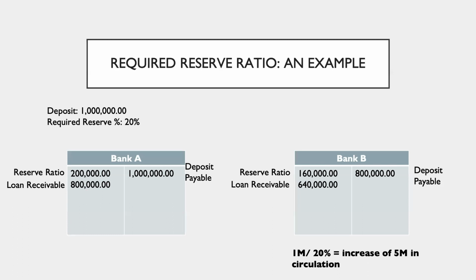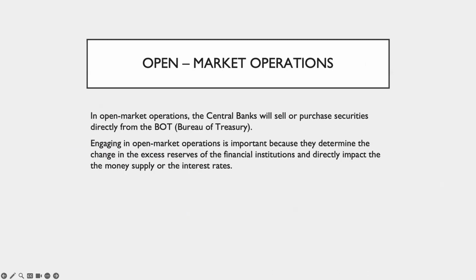All right. Now let's move on to the second tool. The second tool is open market operations. In an open market operation, the central bank will either sell or purchase securities directly from the Bureau of Treasury.